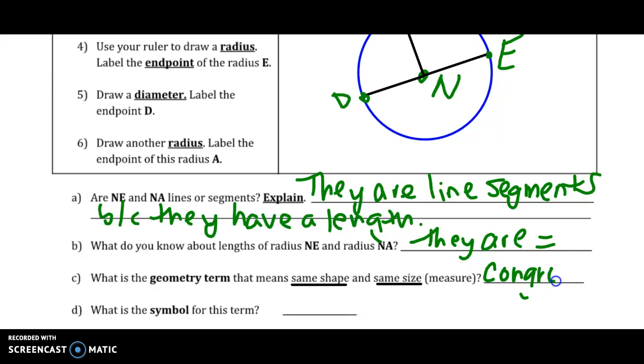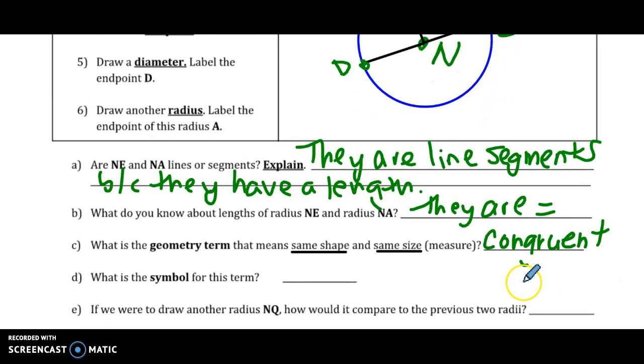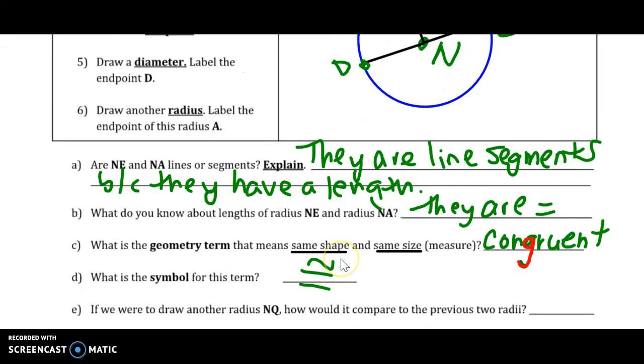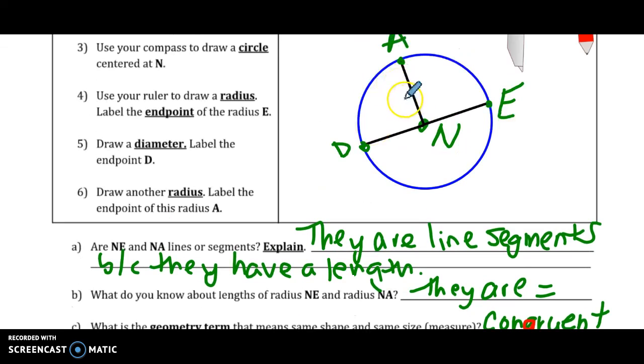And we made a vocabulary card for this term. You can check the Unit 1 vocabulary in Schoology to see what that vocab card looked like. The symbol we use is the equal sign with the squiggle on top. That means congruent. If we were to draw another radius NQ, how would it compare to the previous two radii? So these are all radii.